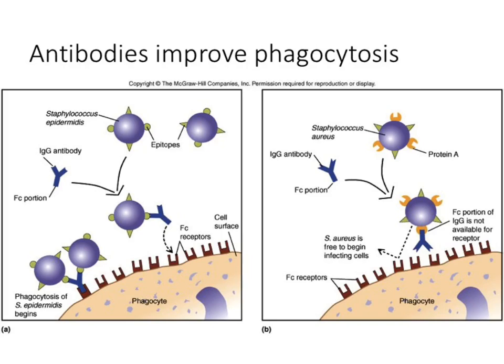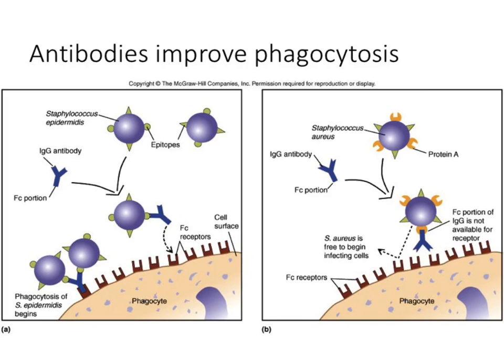We've got, in this case, Staph epidermidis expressing two different antigens or epitopes. We've got antibodies that will bind to it and opsonize the pathogen. This Fc region can bind to the Fc receptors, and if this is a phagocyte, this allows the phagocyte to grab a hold of the pathogen, not directly, but indirectly, and bring it into the cell and destroy it.